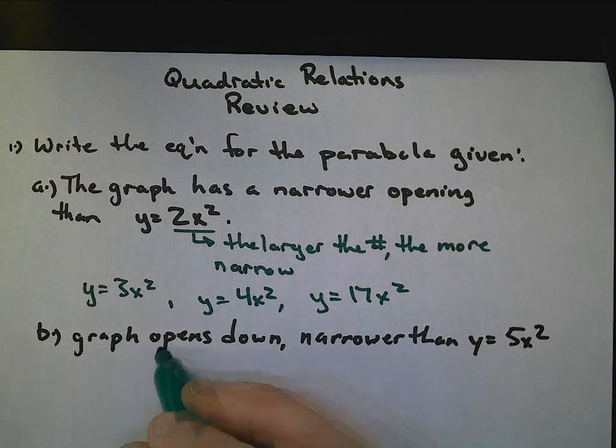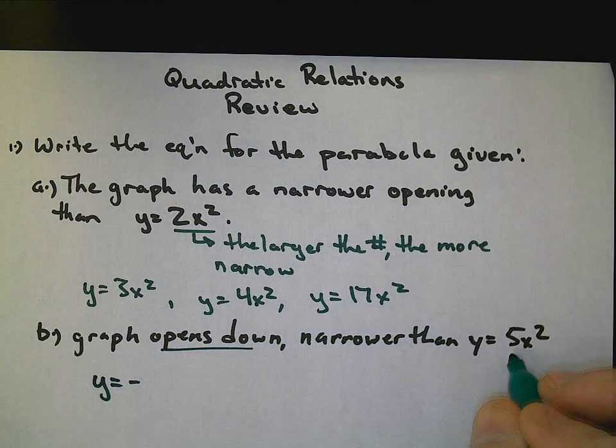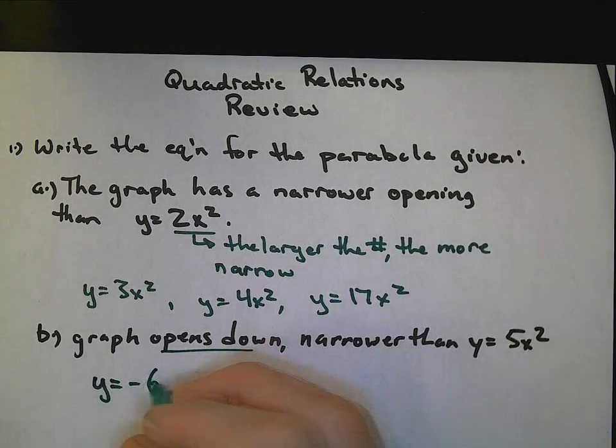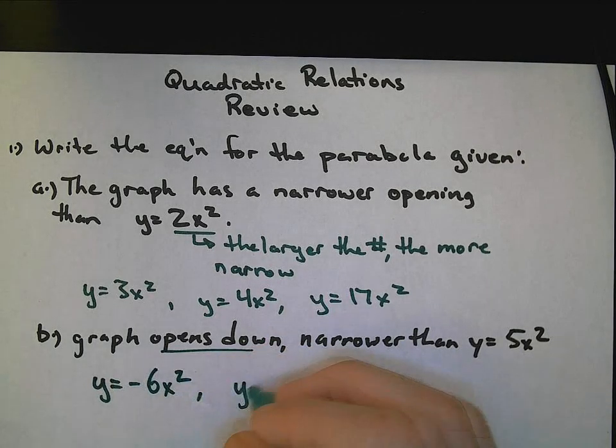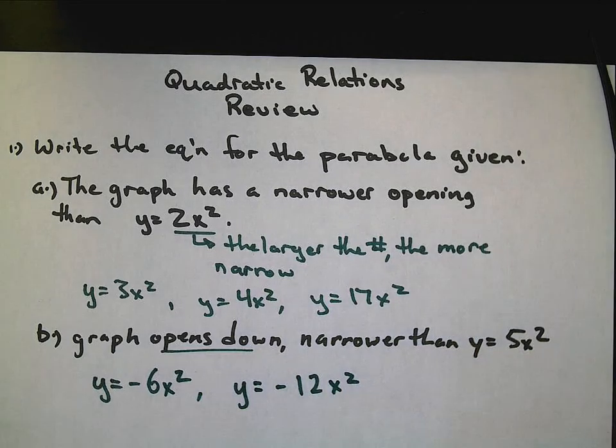Again, it opens down, so we need to have a negative at the beginning, and we need a number that is now greater than 5 in size to be narrower than 5x squared, so we could choose negative, let's say, 6x squared. You could choose negative 12x squared. Both of those options will be narrower than y equals 5x squared and opening down.